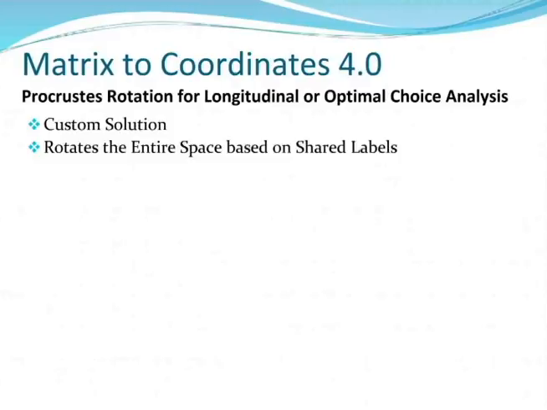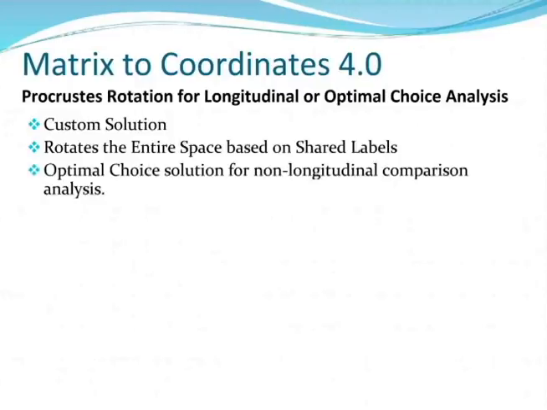I will rotate based on what is shared between both time points so that you can actually have matrices of different sizes. There's no other software out there that currently can do this. So what normally people would do is reduce down to a common set of labels across all time. I don't have that requirement, and therefore you can have much more complicated data sets.